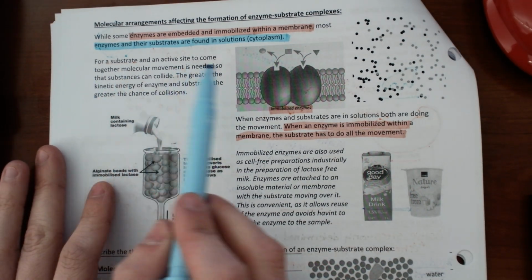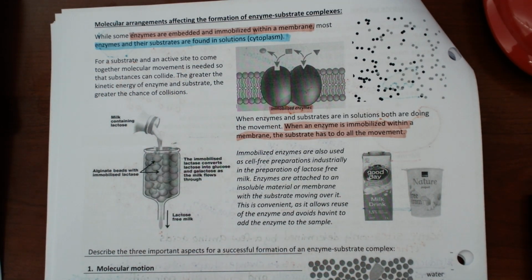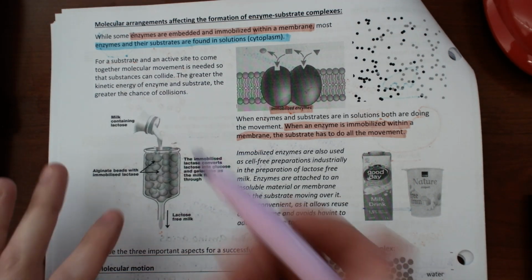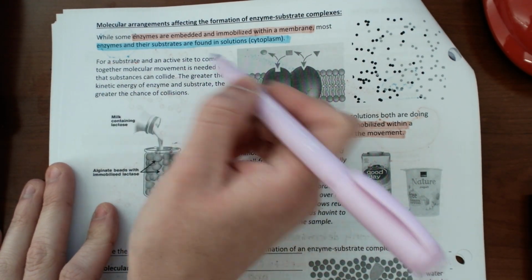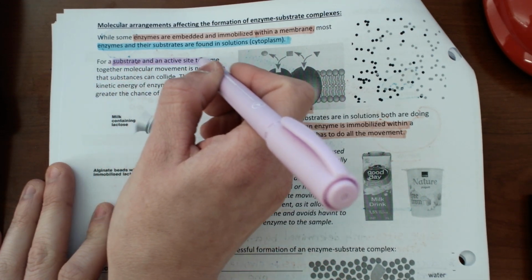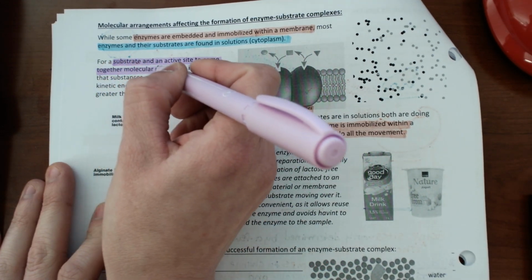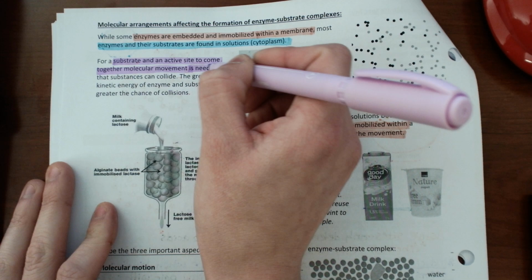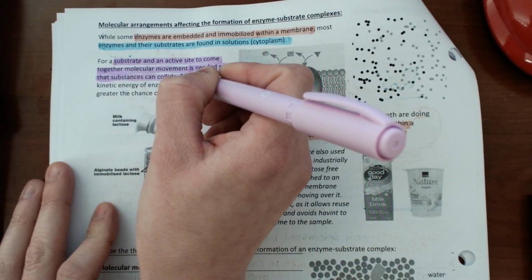And so for a substrate and active site to come together, they do need to have these collisions, like where they actually touch each other. Because remember, although we talk about these things and they're almost personified, these are really just molecules at the end of the day. So just like any other chemical reaction, they have to touch in order for it to happen. So substrate and active site to come together, molecular movement is needed so your substances can collide.